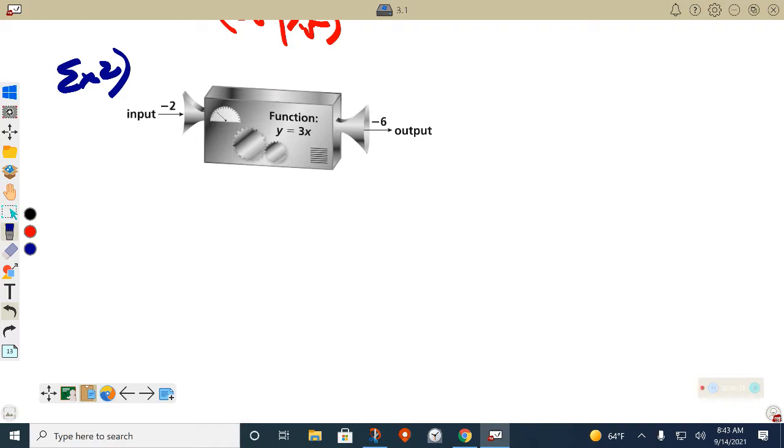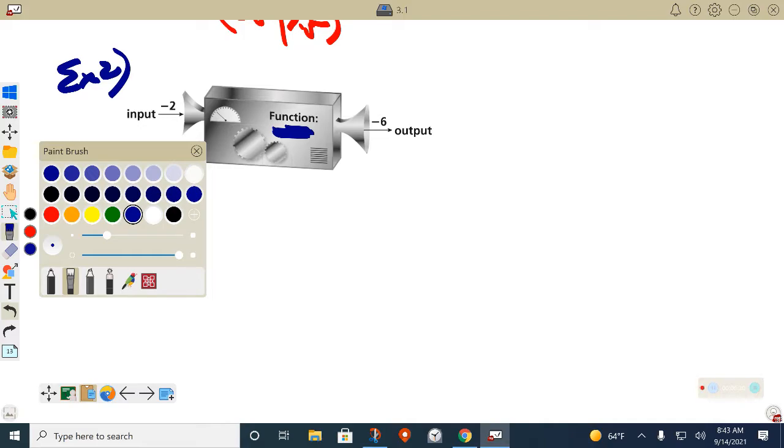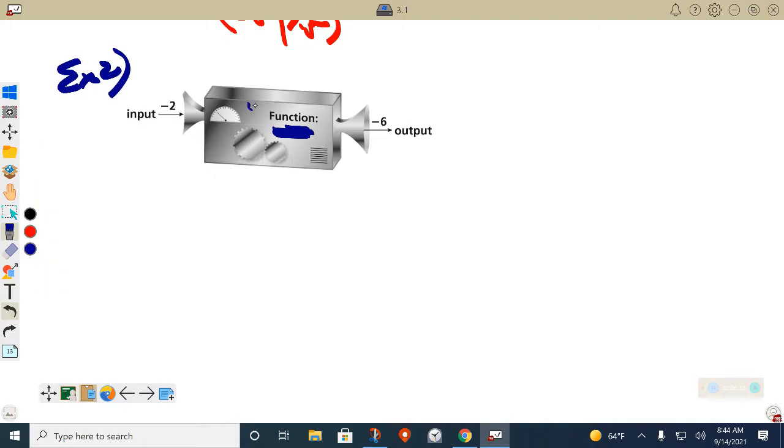Let's not make it y equals 3x. That's not what the machine's going to do. Cross that out. Let's make it y equals x to the second power. So the machine now is, whatever input you give it, it's going to take it to the second power. The first function took every input and multiplied it by 3. Now the machine's going to take every input and take it to the second power.